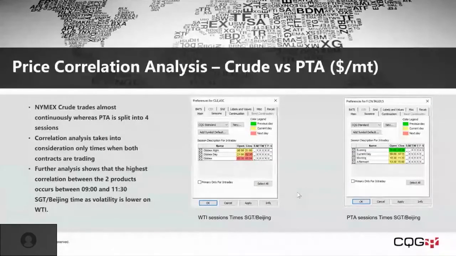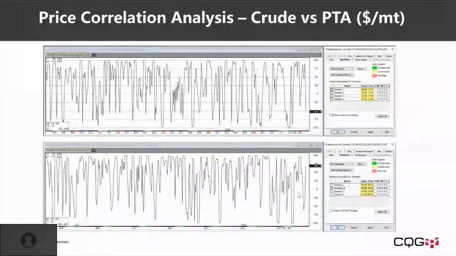And the reason is, when looking at the analysis of these particular sessions, so we're looking at the 9 till 10:15 and the 10:30 till 11:30, even though it's only a short close between 10:15 and 10:30, we still want to be sure that each short session is analyzed individually.